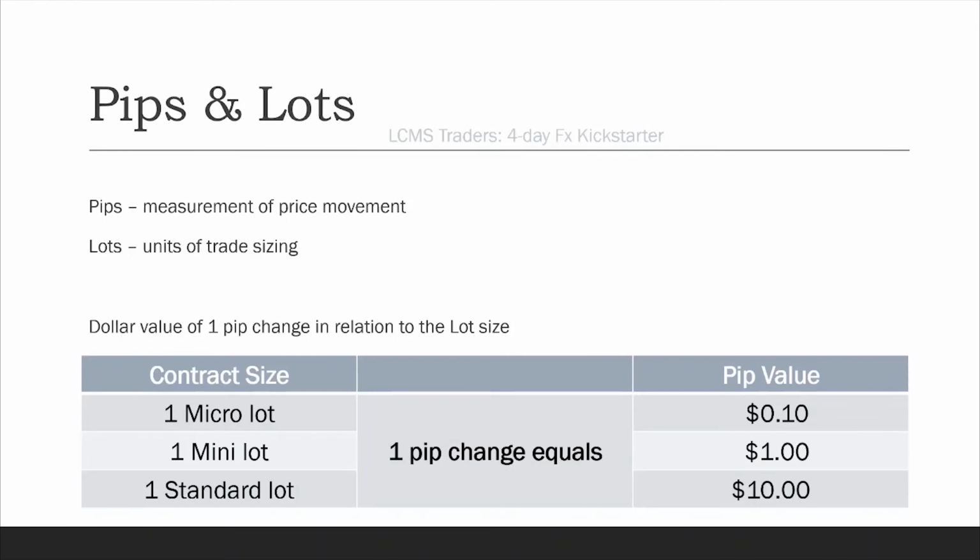However, it also means that if it goes 1 pip against you, you could be losing $10 instead of 10 cents. Okay, so that's a very important point to note. A lot of times people are attracted to the benefits of trading bigger. 1 standard lot, 1 pip equals $10.